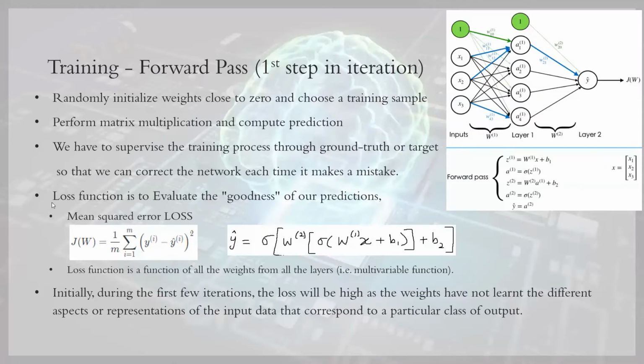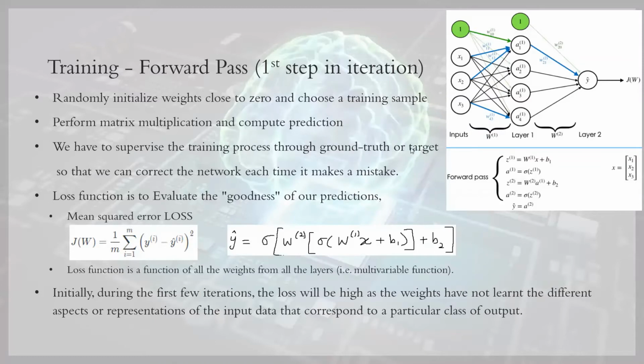Now we'll go into loss. The loss function is to evaluate the goodness of our prediction. We want to quantify how much deviation is happening between the predicted output and the expected output, which is also called the ground truth.